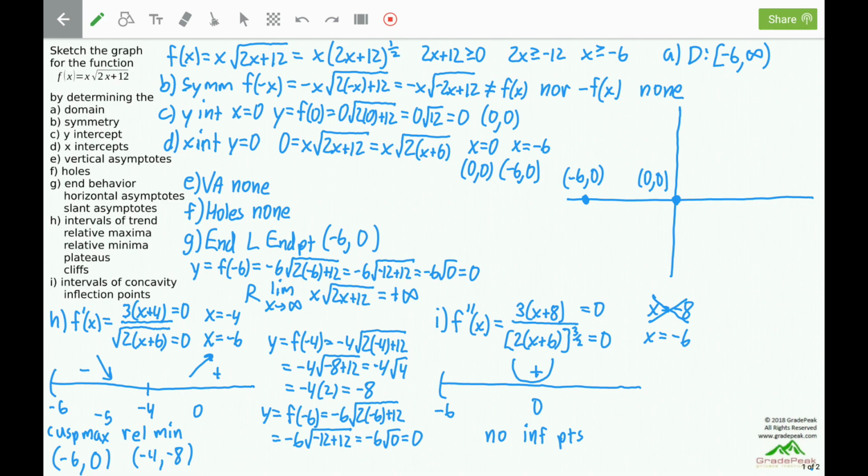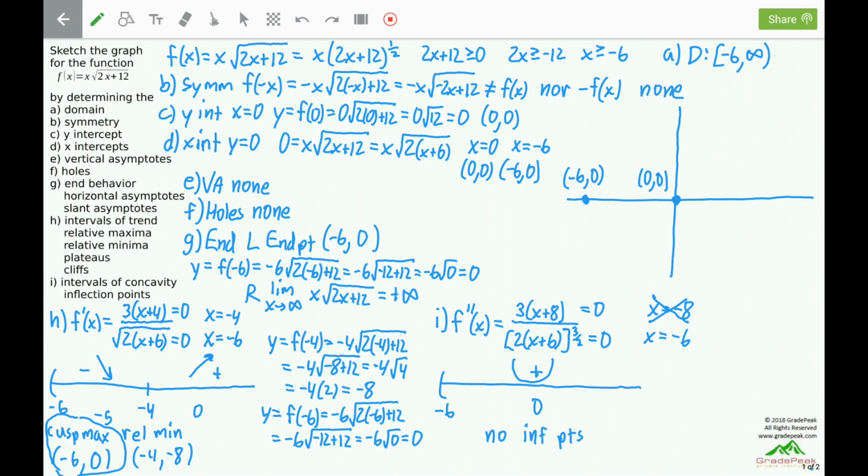It has no vertical asymptotes, no holes. We've accounted for the left endpoint. The right end will have behavior of positive infinity. That means it'll head up here for the right end somewhere. We'll be sure that it does that. Right at the endpoint of -6, 0, we found it to be a relative cusp maximum.